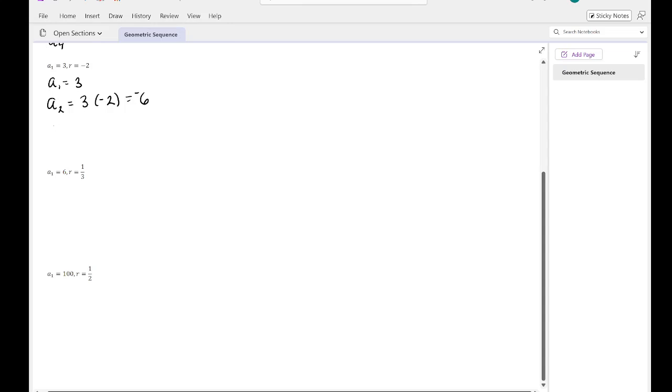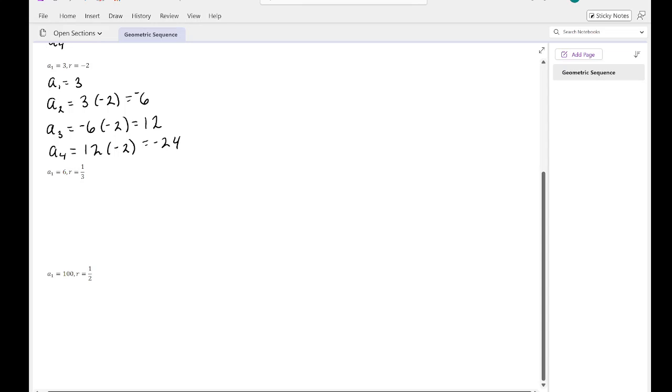And now the third term is going to be the previous term, negative 6, multiplied by negative 2, which is going to give us a positive 12. And then the fourth term is going to be the previous term multiplied by negative 2, which will give us a negative 24. And we can see here that the signs alternate from one to the other.